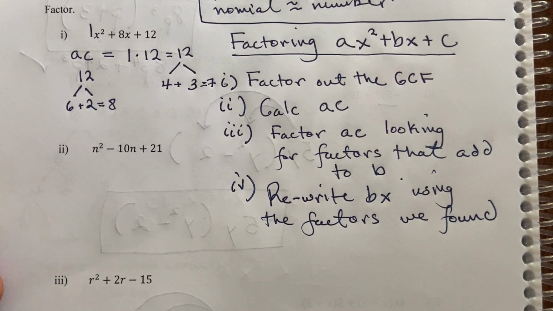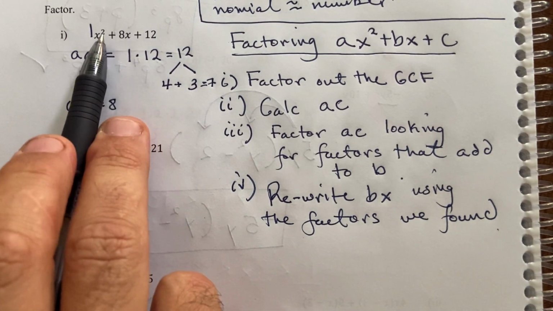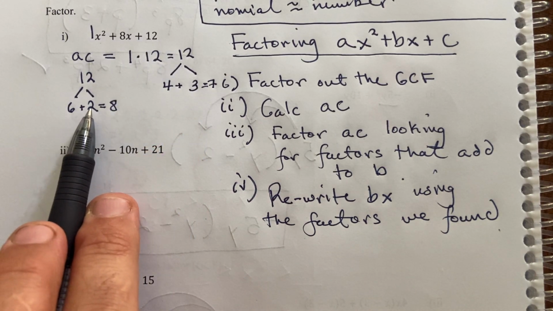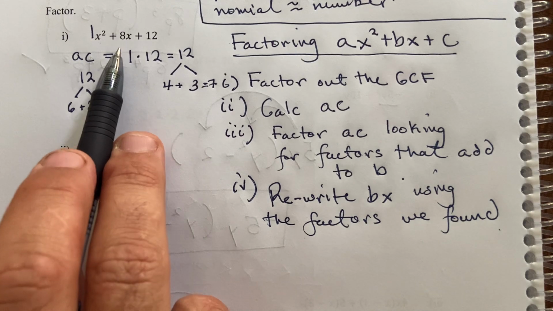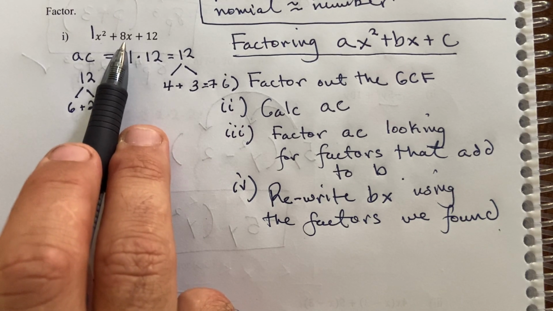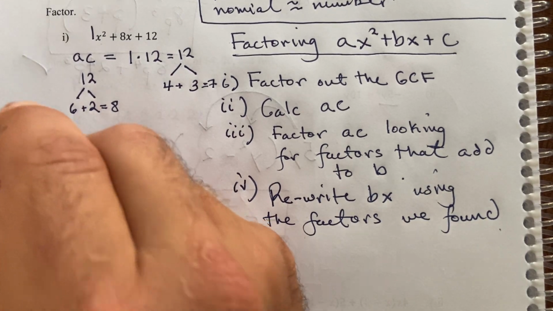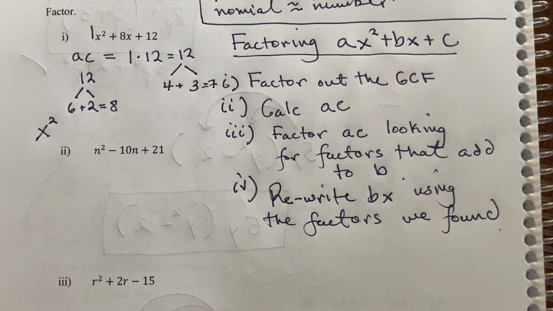Here's what I mean by that. So I'm going to rewrite this original trinomial using the 6 and 2 as coefficients on x that would add up to 8x. Let me just go ahead and write it down. So x squared, I'm not messing with that.